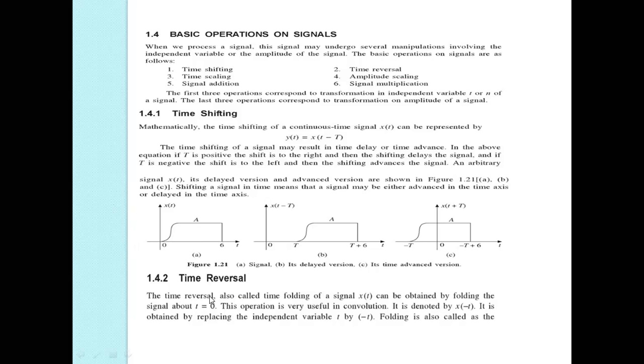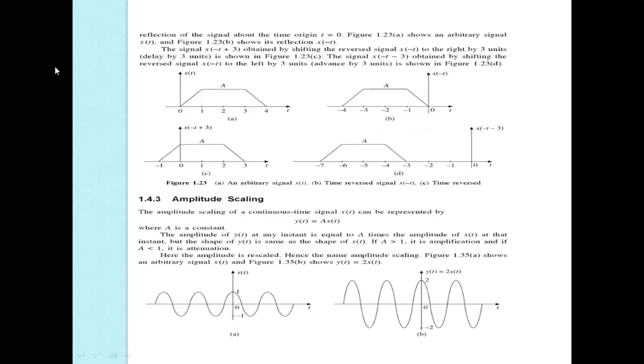That is nothing but the folded function, or time reversal. It is done by replacing the independent variable t by minus t. Folded is also called a reflection of the signal. Reflection: negative to positive, positive to negative.